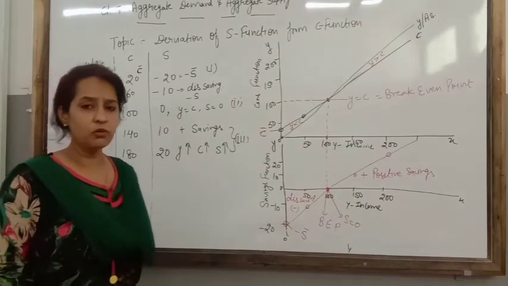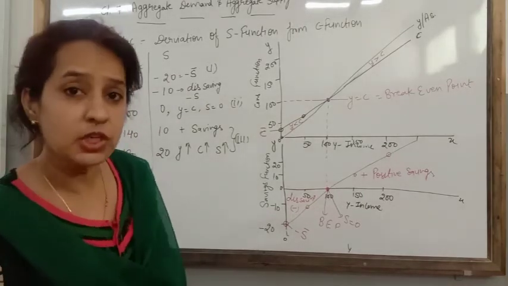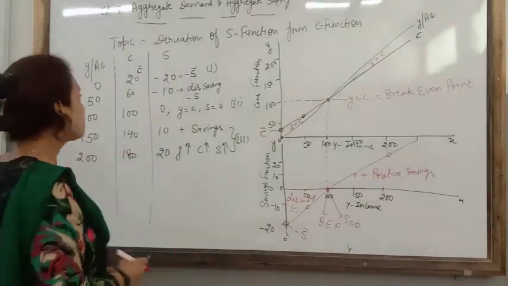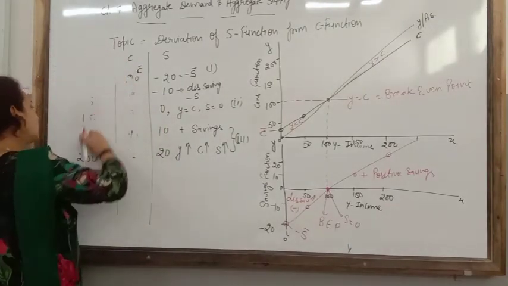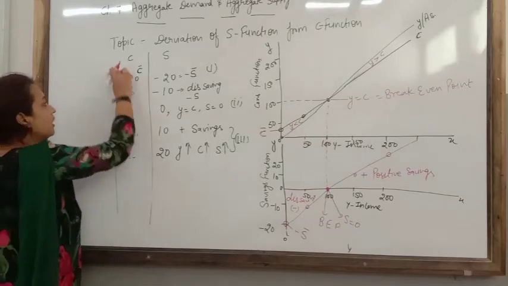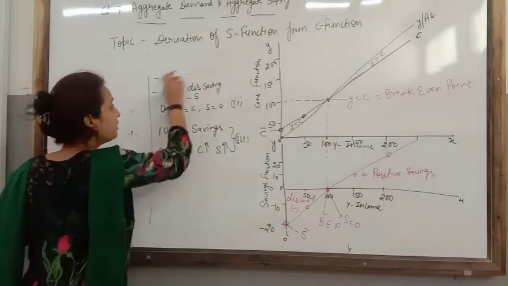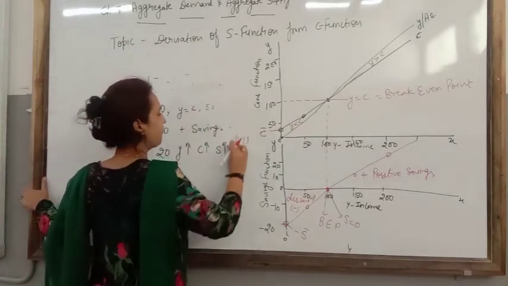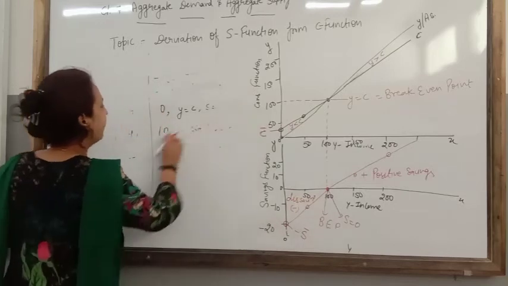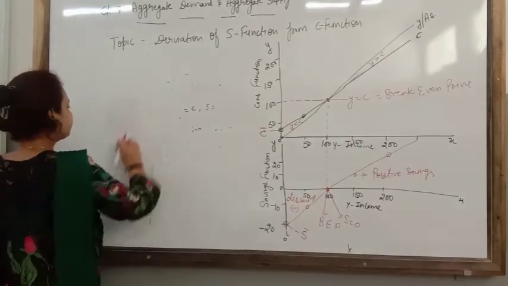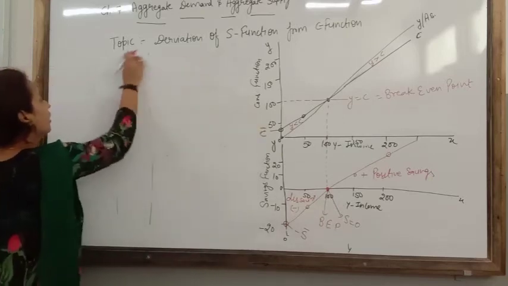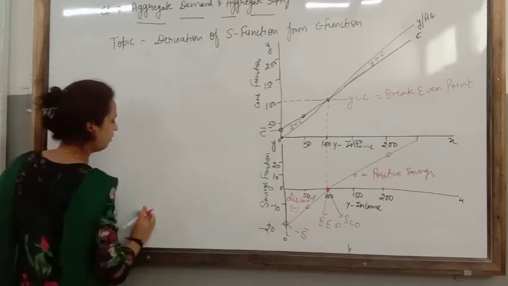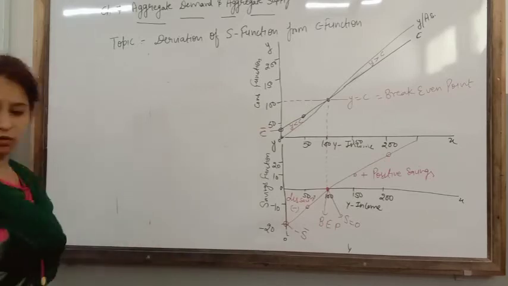Now we are going to discuss the relationship between saving function and consumption function. It means we are going to discuss what is the relationship between APS, APC, MPC and MPS. It is a very easy topic, that's why I want to explain right now only.